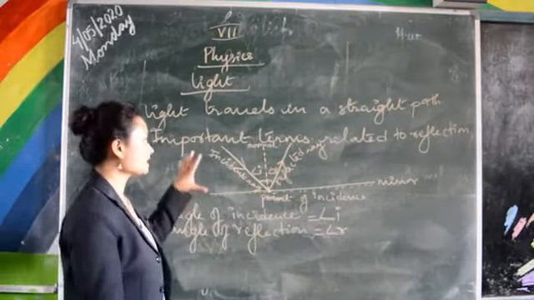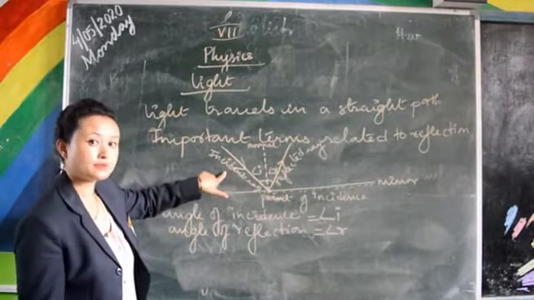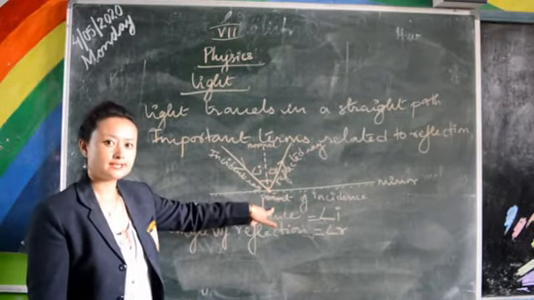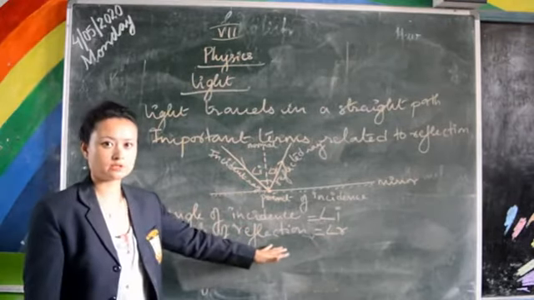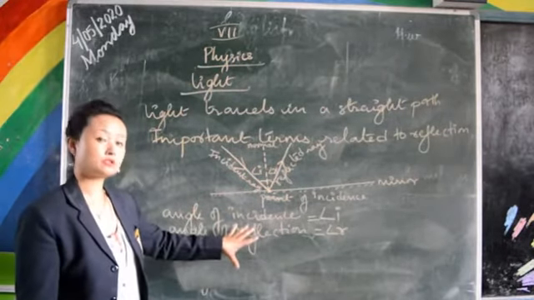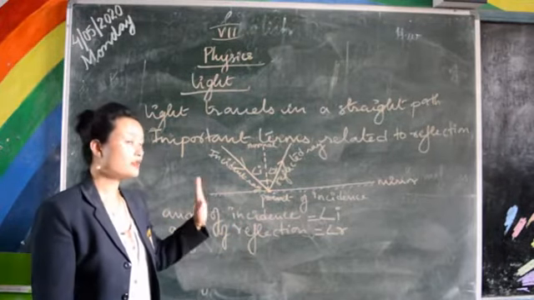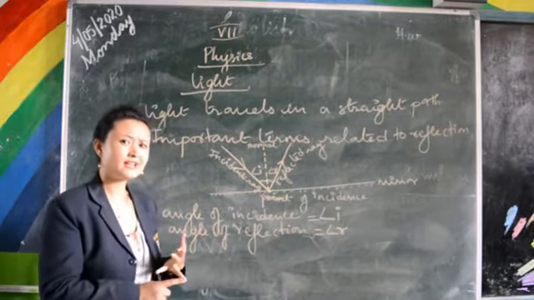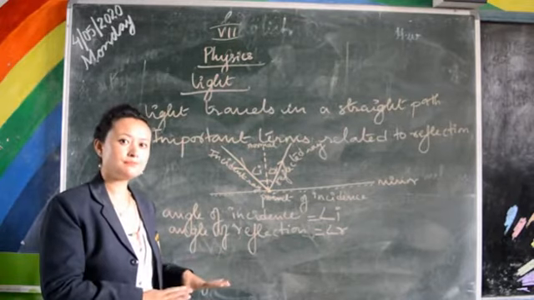Okay, so these are the important terms related to reflection. What are the terms? Incident ray, reflected ray, normal, and the point of incidence. Okay, and angle of incidence and angle of reflection. You need to know what are these terms. You need to learn the definition. So what you have to do in your copy is, first you write the definition of reflection of light from the book. Then you will write down the types of reflection along with the proper diagram.